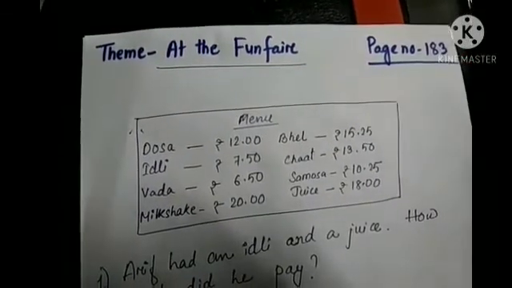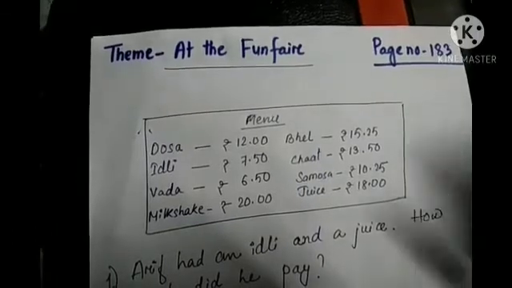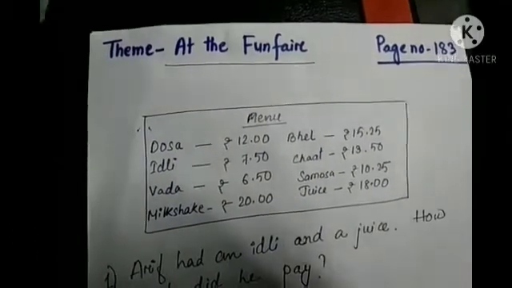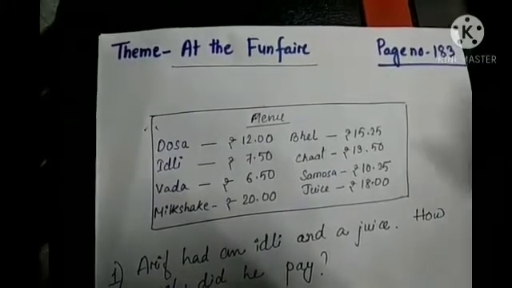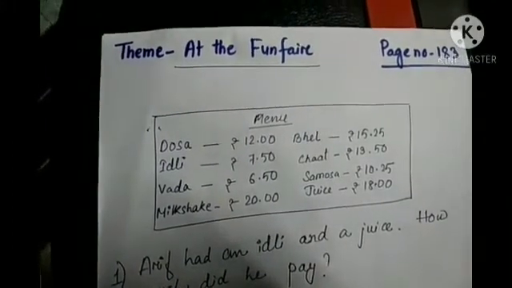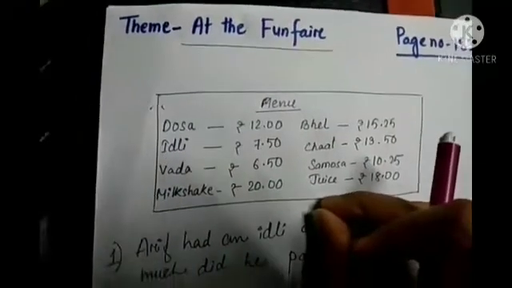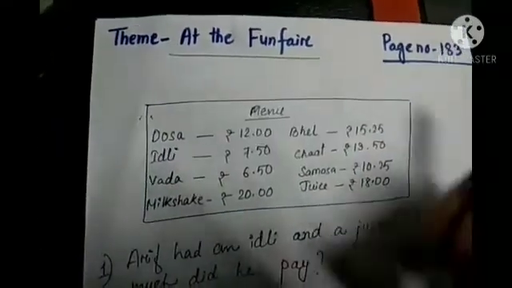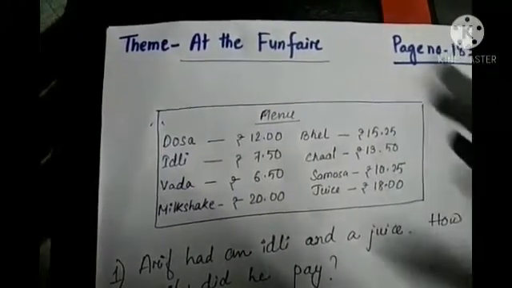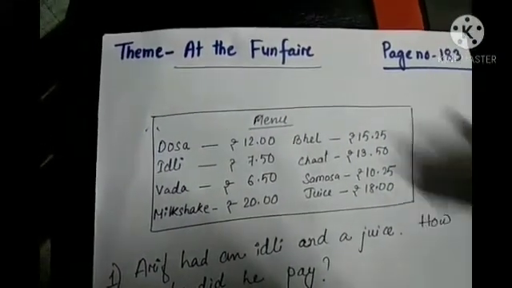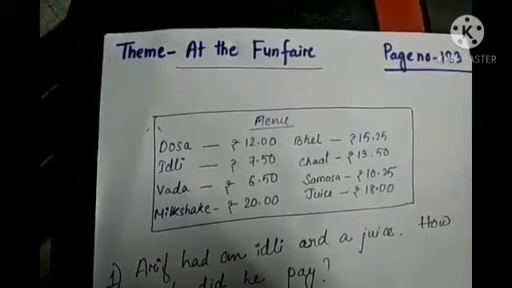Okay, so in the last video I told you how to solve exercise 11.1, and I also discussed counting money, whether it is in notes or paise. Now I will discuss some situations which we generally find when we visit a fair, or go to a restaurant or hotel, or go somewhere outside.